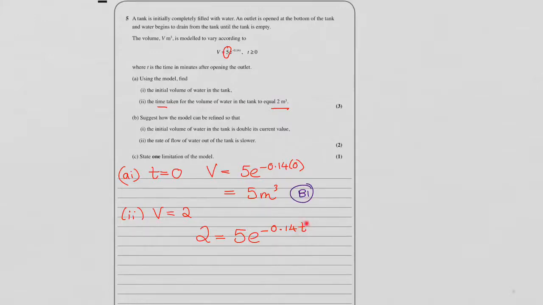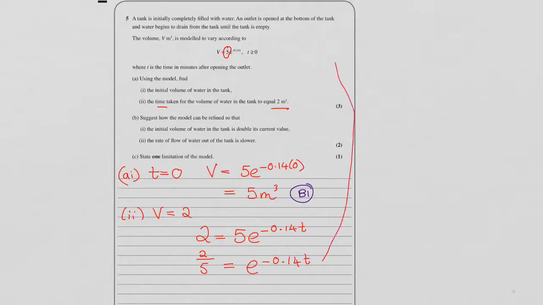And we know when we're trying to get at a power, it's going to involve logarithms. And because I'm dealing with e here, it's going to involve the natural logarithm. So I'm going to do a little bit of rearranging here. I've got to get rid of that 5 first, because if I try and take ln of something, I can't do it with a number in front. So that's what I've got.